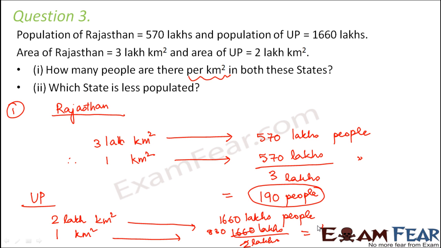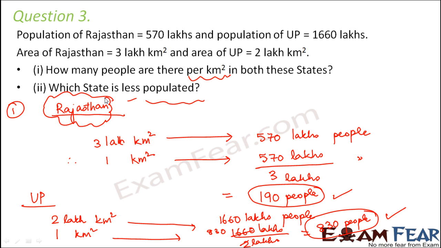So this would be 830 people. In Rajasthan, in 1 kilometer square, 190 people reside, whereas in UP, in 1 kilometer square, 830 people reside. So which state is less populated? Definitely less populated would be Rajasthan, because here you have fewer people within 1 kilometer square.